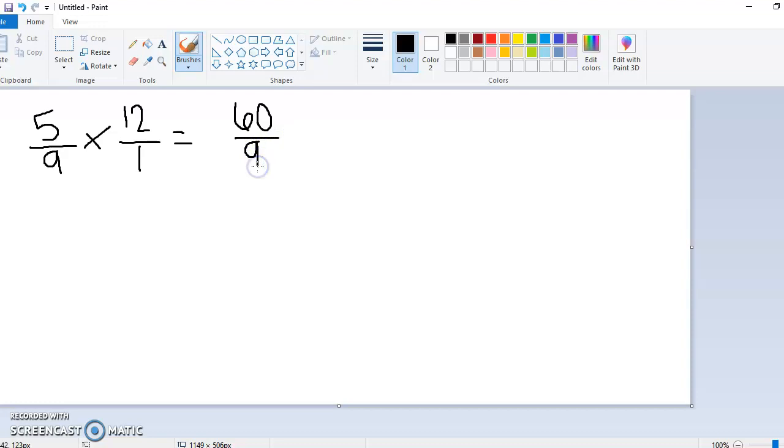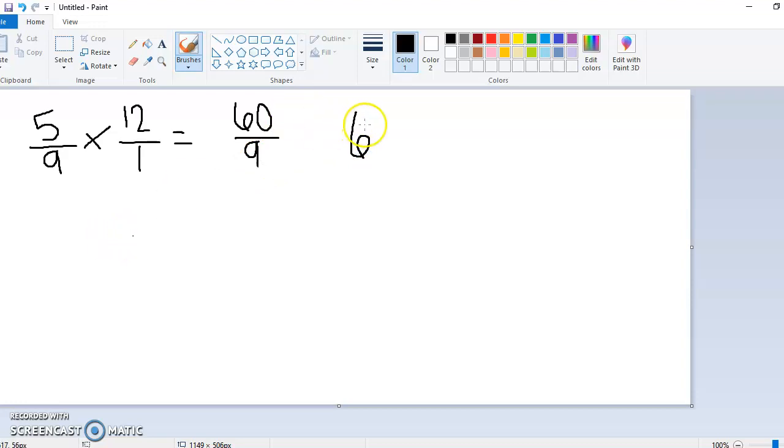Now, this here is your improper fraction. We don't like those. Okay, so I know that 9 times 7 is 63. So that's too high. So I know here I at least have 6 as my whole number. So what I'm going to do is see how many times 9 can go into 60.